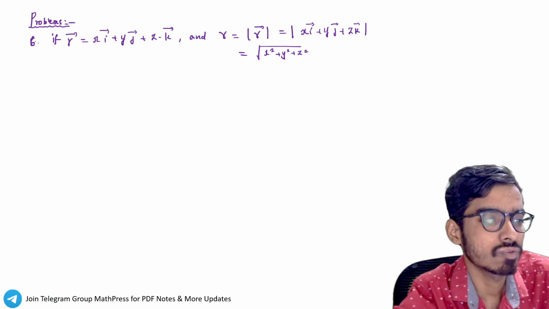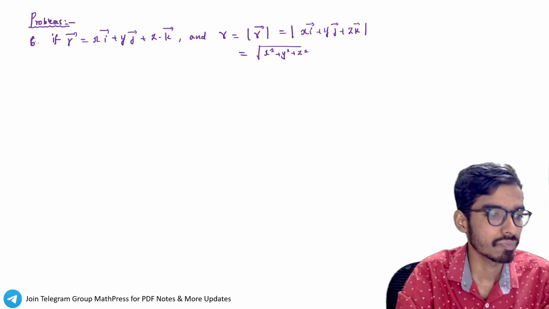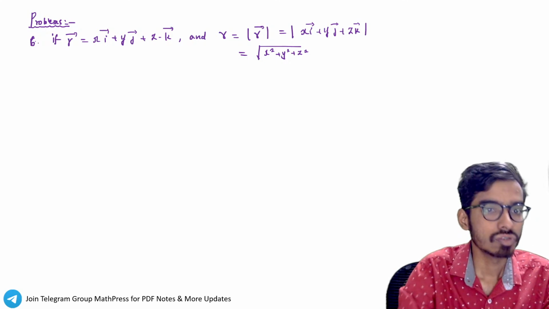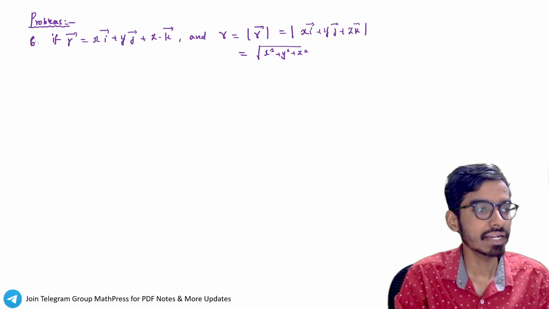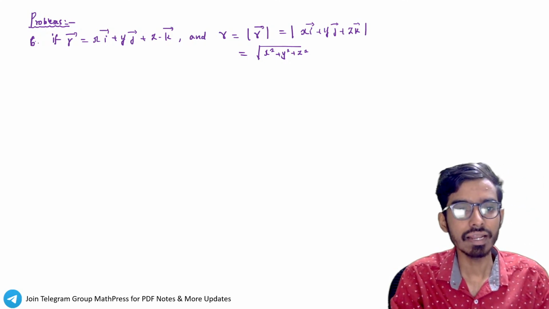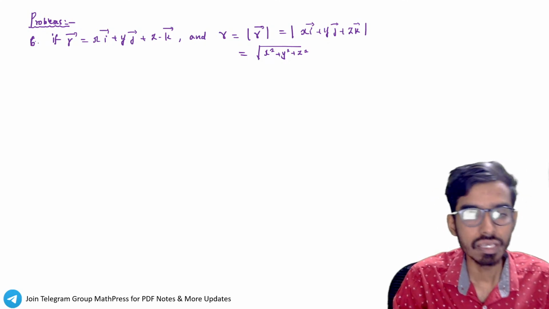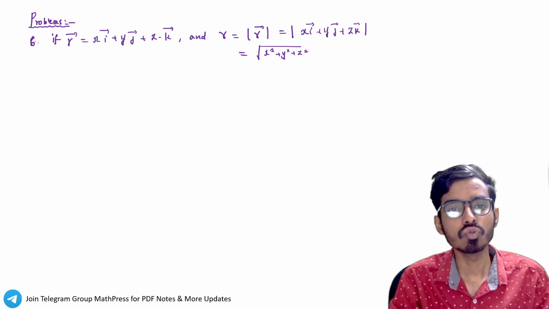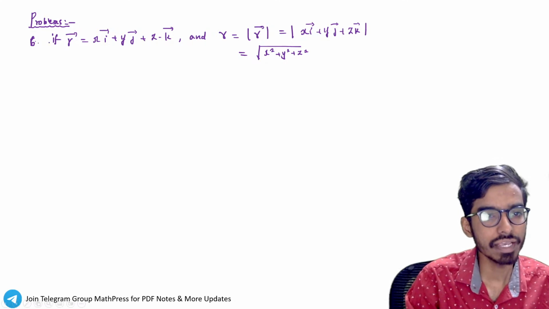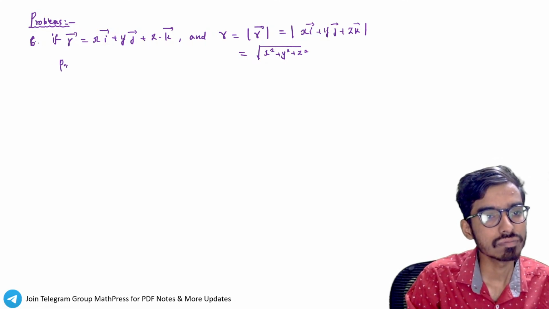So if r vector is x i plus y j plus z k, and you denote small r to be the modulus of r vector, which is root of x square plus y square plus z square, prove the following.